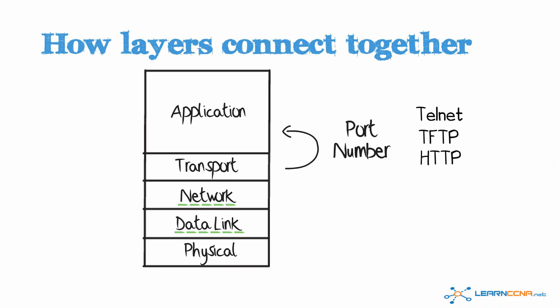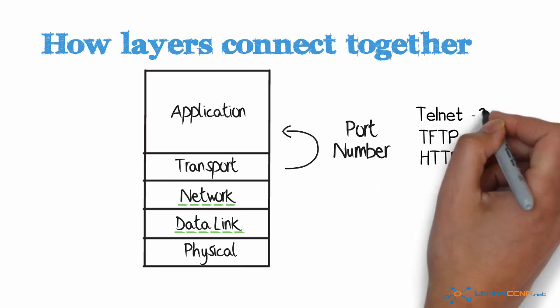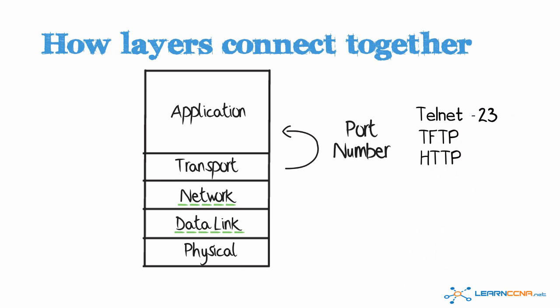So as an example, Telnet uses port 23, TFTP uses port 69, and HTTP uses port 80. But there are many other well-known port numbers. It's well worth learning some of the well-known port numbers to help you in your networking career.